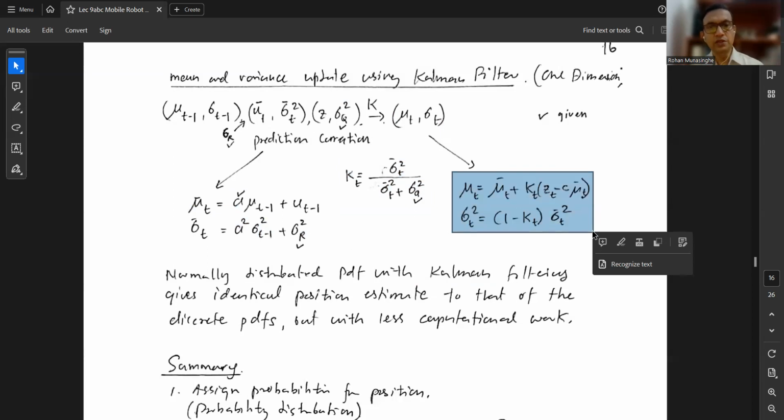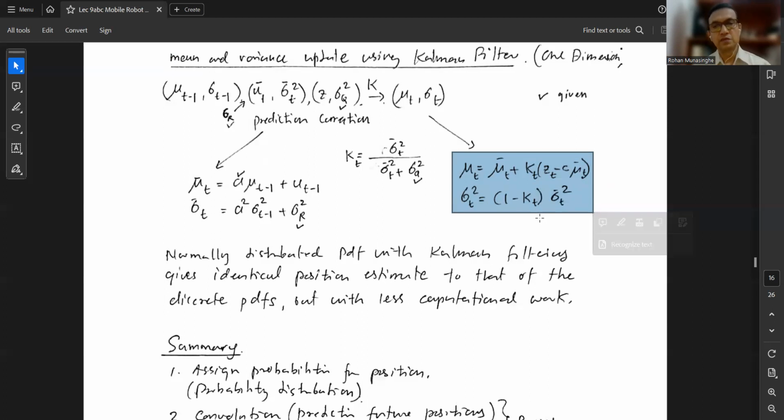Now here in these equations, you don't see the state variables, x, but you can see x is replaced with mu here, because we are not talking about exact position, we are talking about a probability distribution. So instead of x, we use mu and sigma, the standard deviation. Is the process clear to everybody? And the equations?